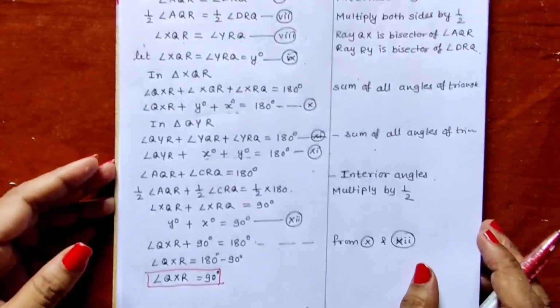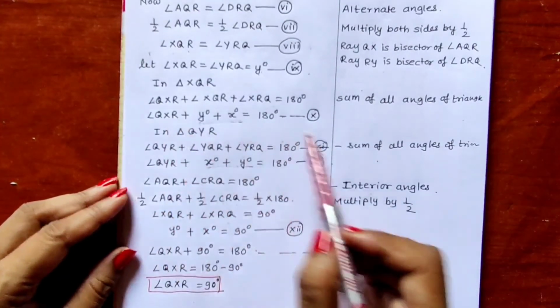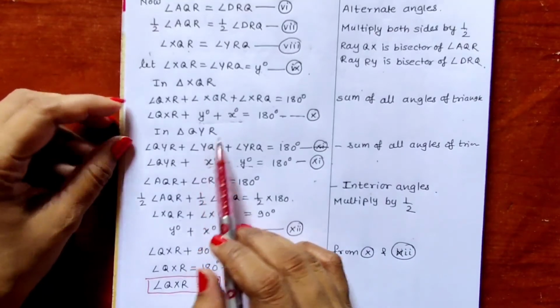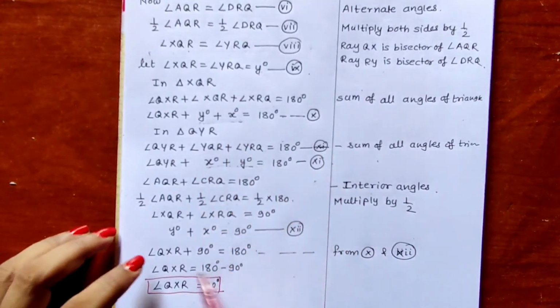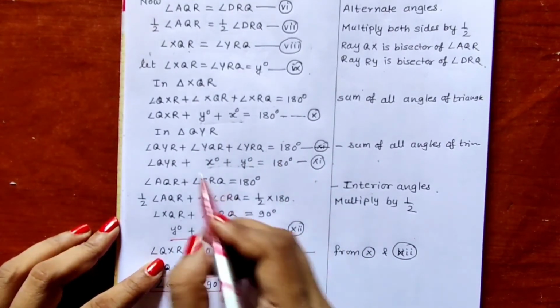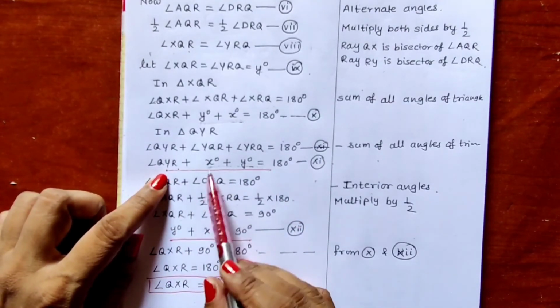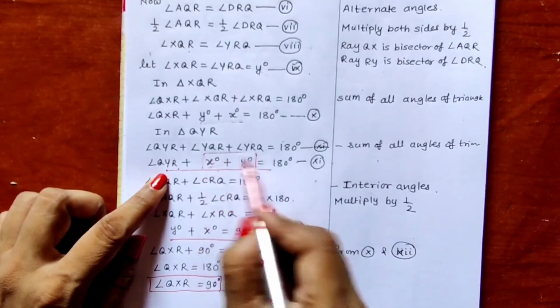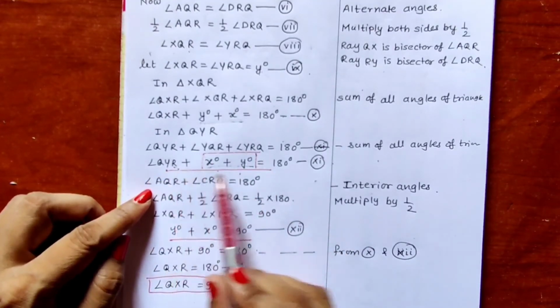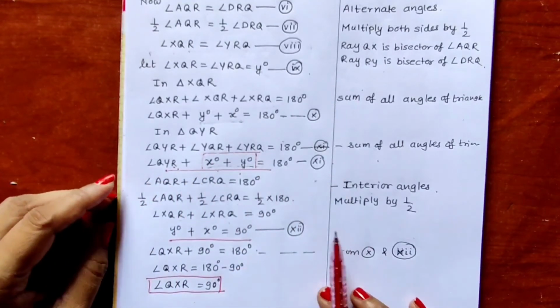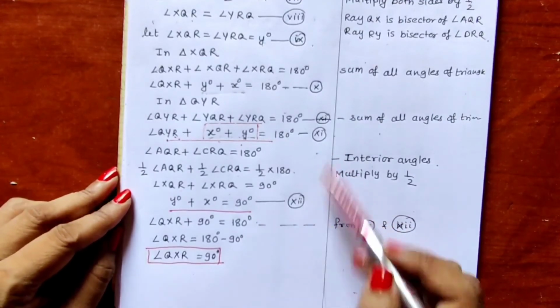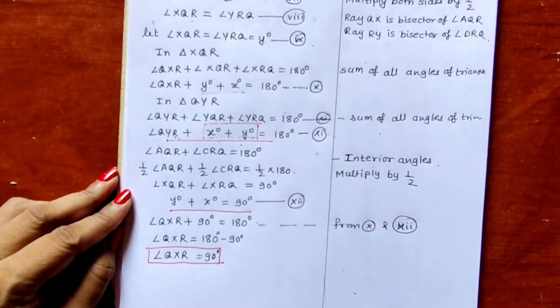Now again from this 12th and 11th what we can get: QYR plus 90, because X degree plus Y degree is 90 degree. So QYR plus 90 degree is equal to 180 degree from 11th and 12th.